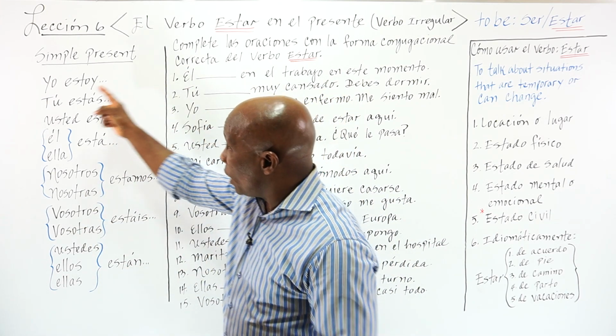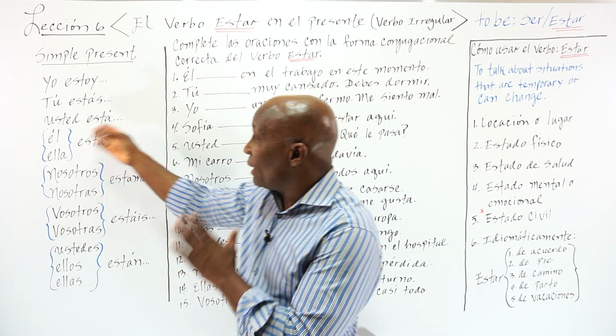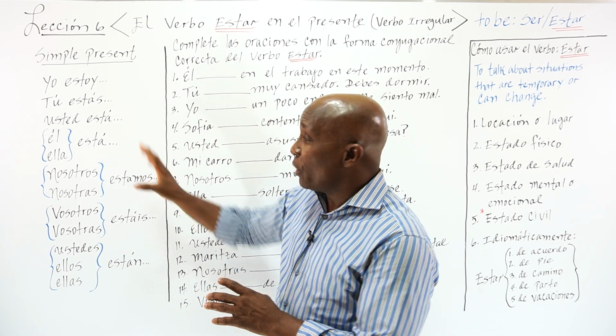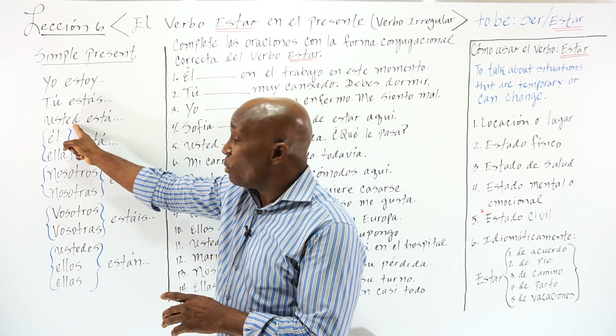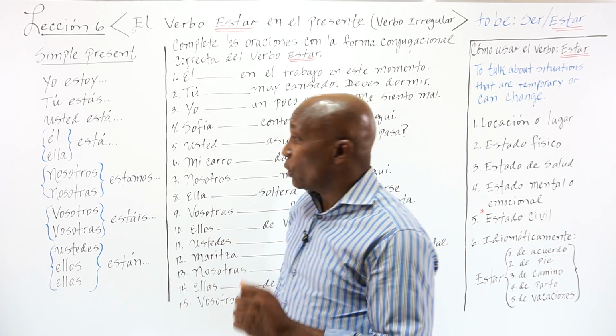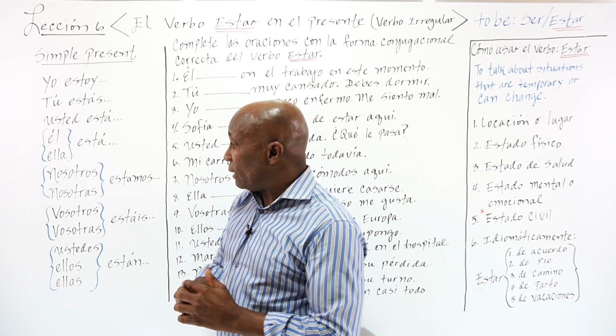So, yo estoy, tú estás, usted está, él, ella está. We have the same conjugation for usted, which is formal, and for él, ella. It will always be like that.